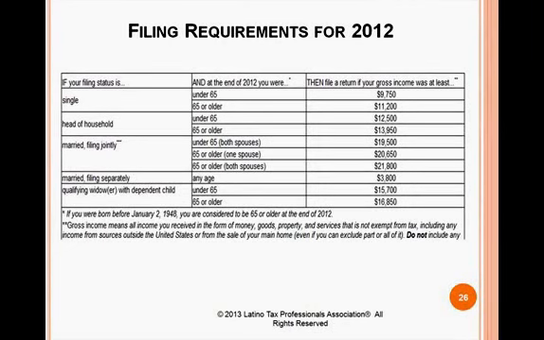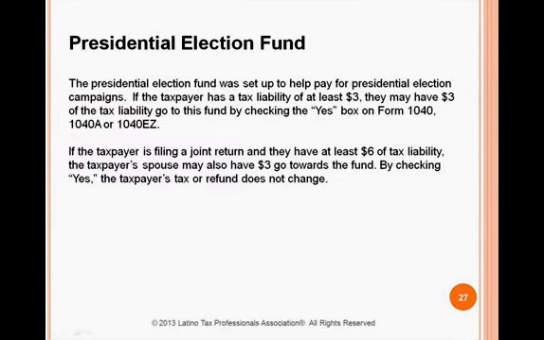The Presidential Election Fund was set up to help pay for presidential election campaigns. If the taxpayer has a tax liability of at least $3, she or he may have $3 of the tax liability go to this fund by checking the Yes box on Form 1040, 1040A, or 1040EZ. Now, a lot of clients are confused by this. They're saying, am I paying an extra $3, or are they taking an extra $3 away from my refund?